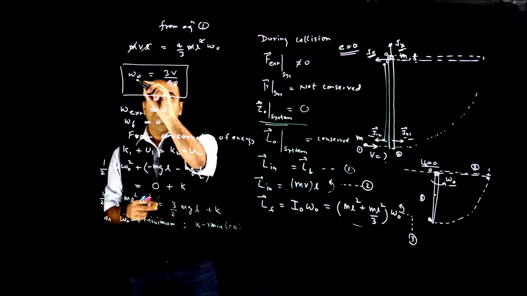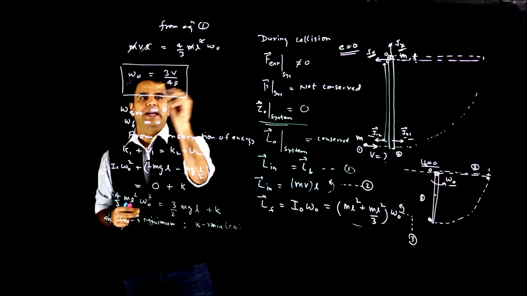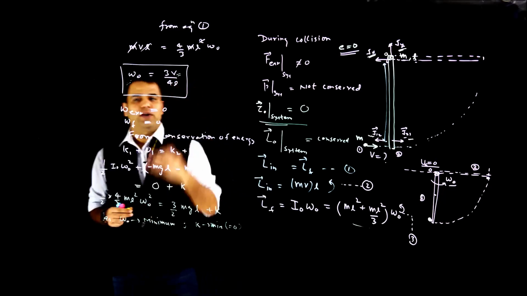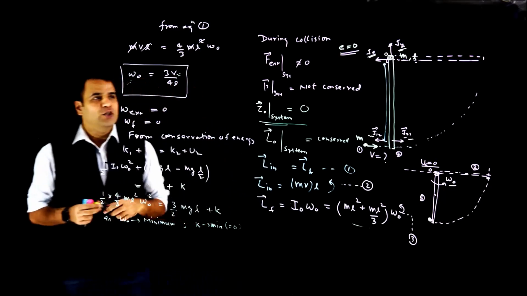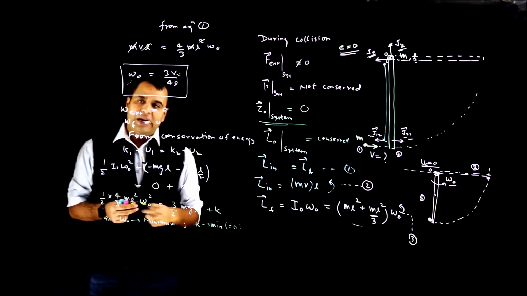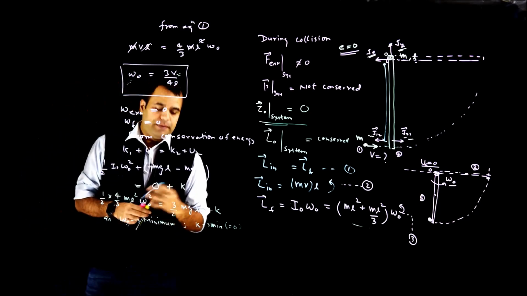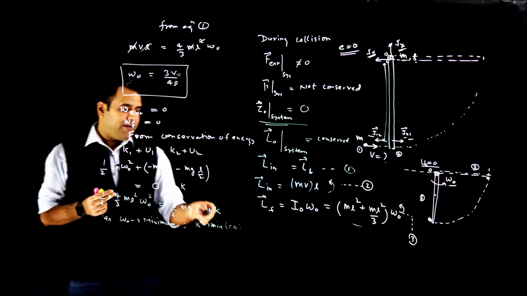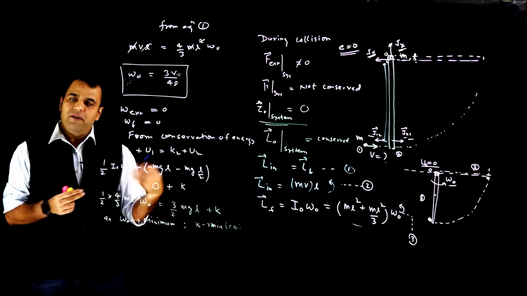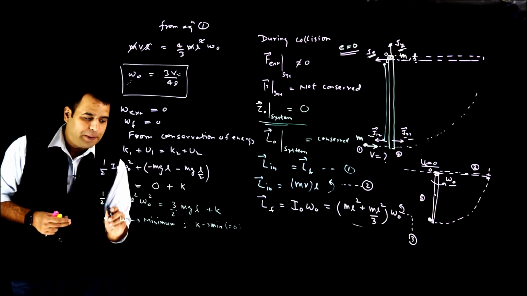Corresponding to the minimum possible value of omega, we will get the minimum possible value of V, which is the question. In the question, we have to calculate what will be the minimum value of V. So when V will be minimum, omega will be minimum, and when omega will be minimum, final kinetic energy will also be minimum. So in this equation, we'll put K as 0. And when K becomes 0, omega will also become minimum, not 0, but minimum.